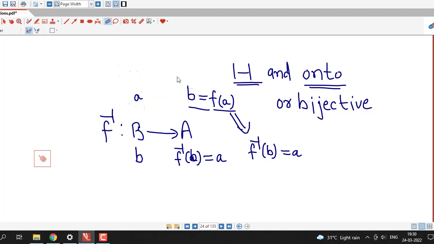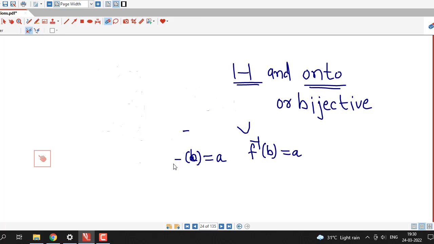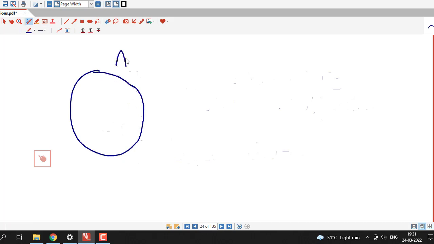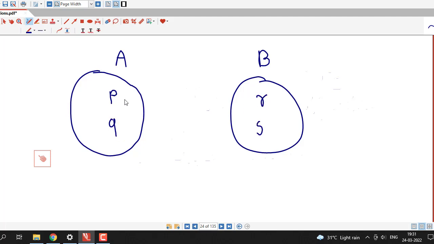We can simply understand this by considering two particular sets A and B and a function from A to B which is 1-1 and onto. For example, suppose I consider two sets, A and B. Suppose I consider elements P and Q here, and here I consider R and S, and the function must be 1-1 and onto.